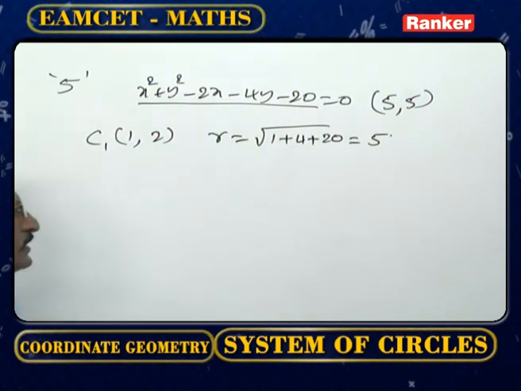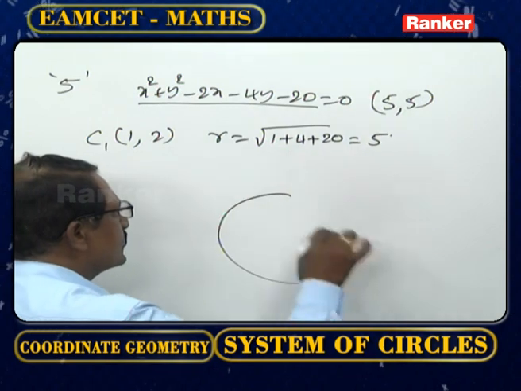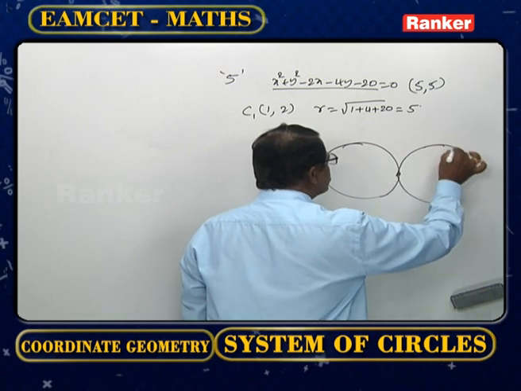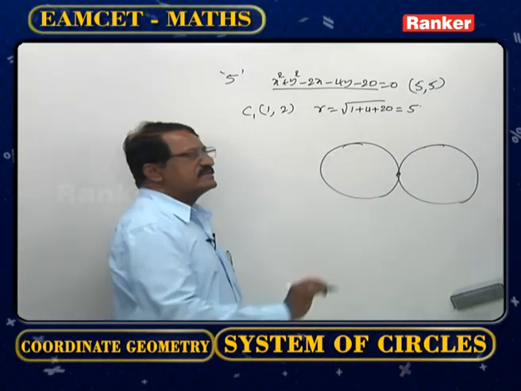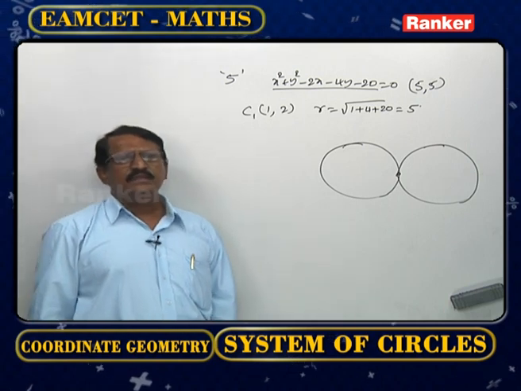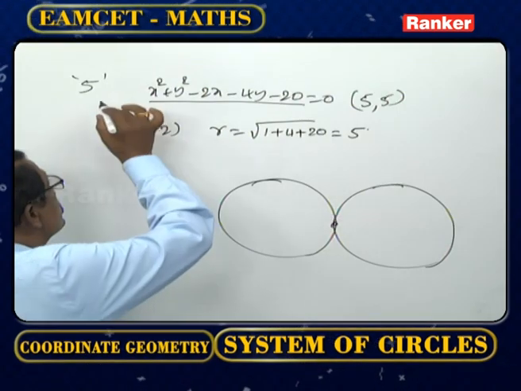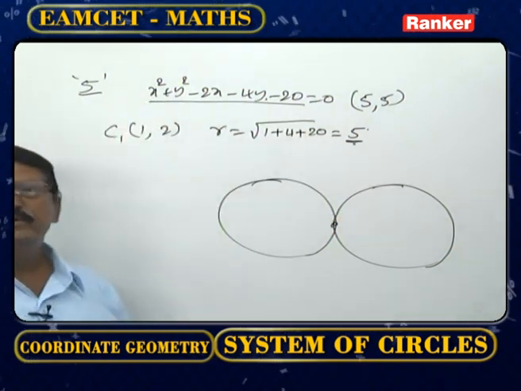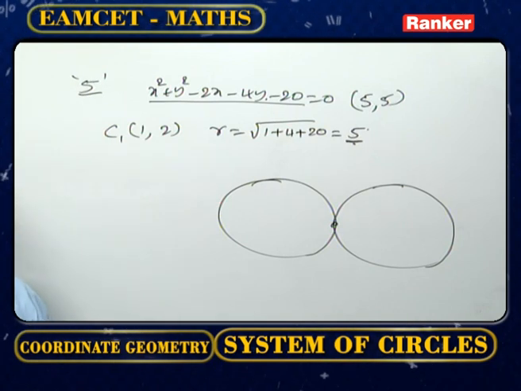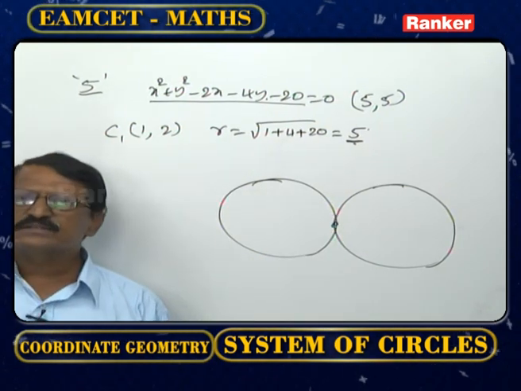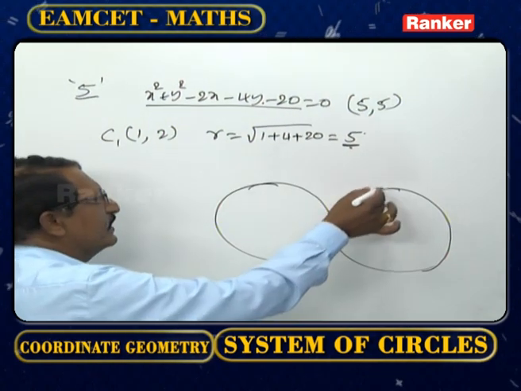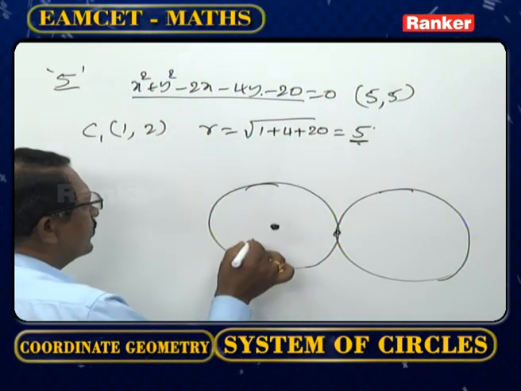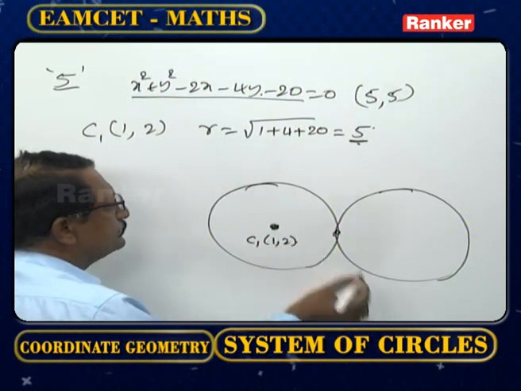Now the radius of the given circle is 5, the radius of the required circle is also 5, but the two circles touch each other, so compulsorily the two circles touch externally. If suppose the two circles touched internally, both would be coincident, or only one circle. Now the two circles are equal circles, because the radius of the given circle is 5 and the radius of the required circle is also 5. So the circles touch externally only. Now the center of the given circle C1 equals 1 comma 2.